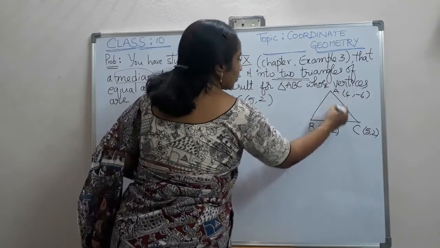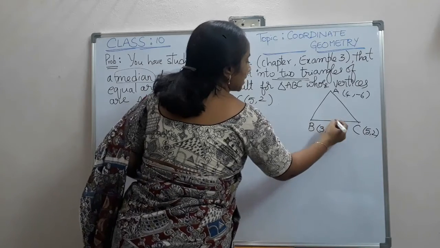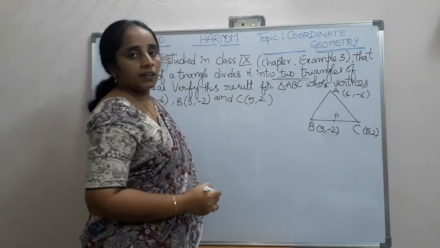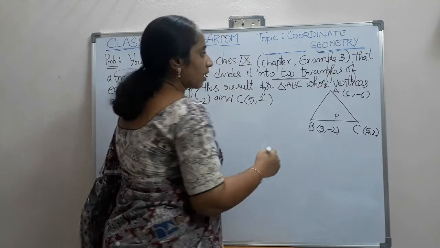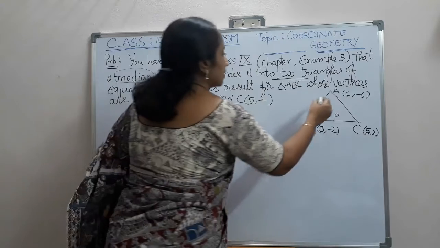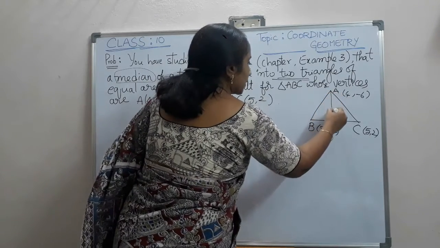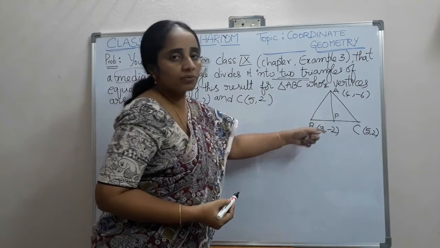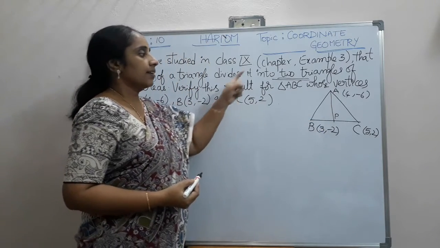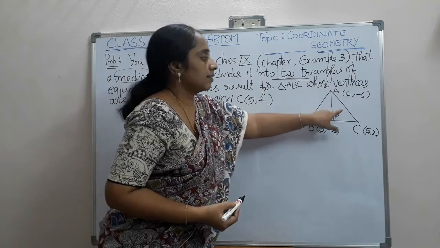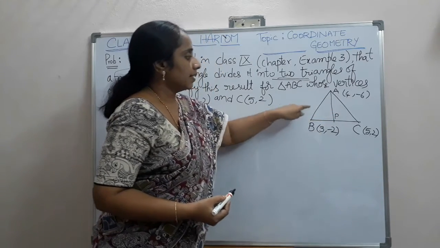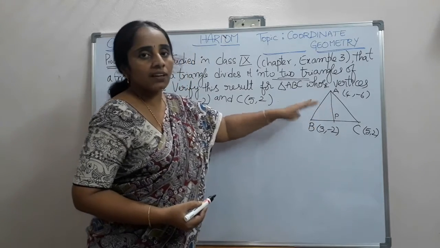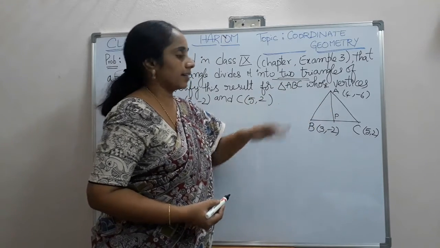Here, from the midpoint of BC, assume it as P. If we draw a line segment from A to P, we call it the median of this triangle. This median divides the triangle ABC into two triangles which are equal in their areas.